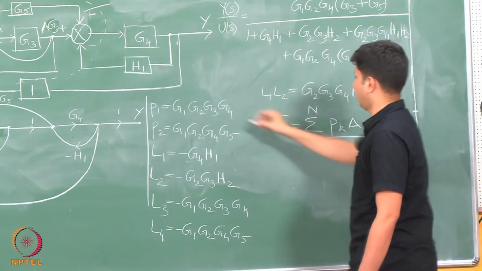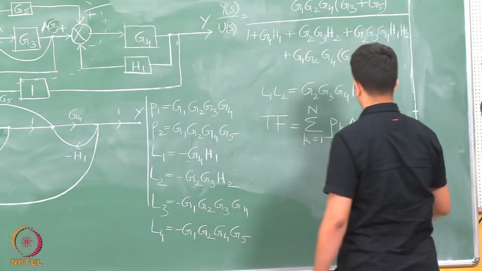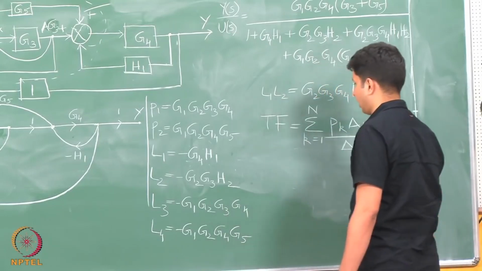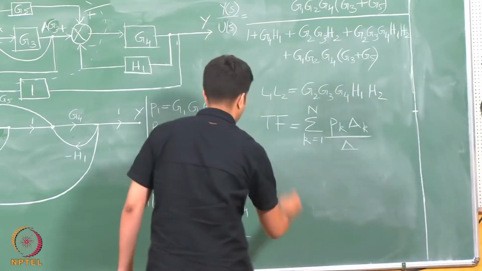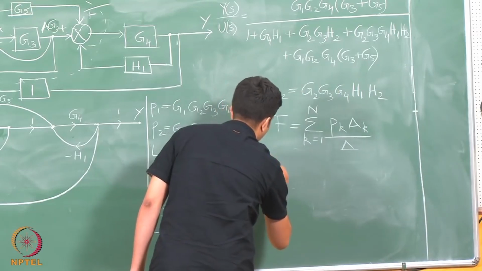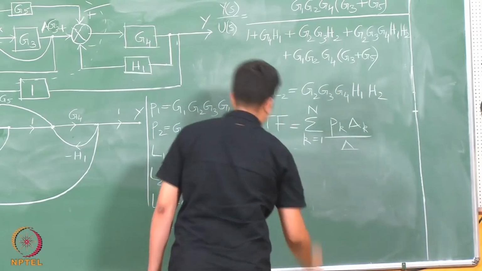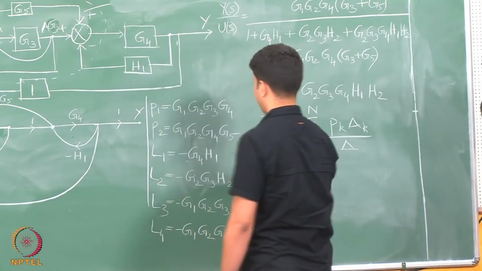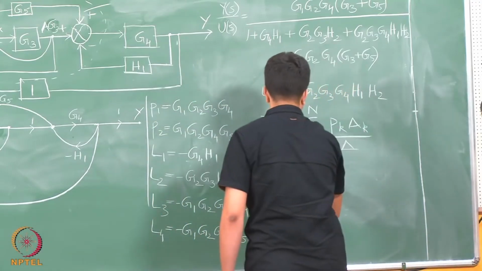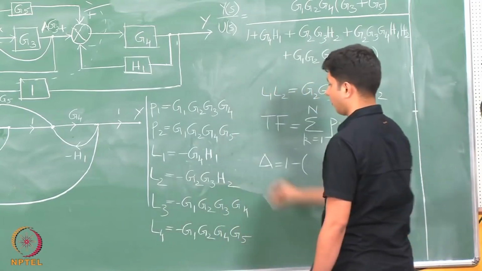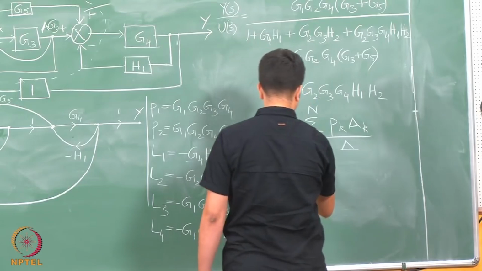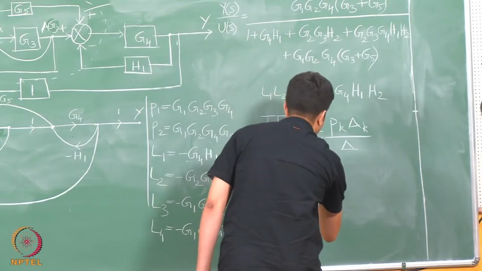Now, we know p k, and before going to delta k we need delta. So, we will define what delta is. Delta, as per the definition, is 1 minus the sum of individual loops. I will take a plus sign because all of them have a negative and I can simply add them up.